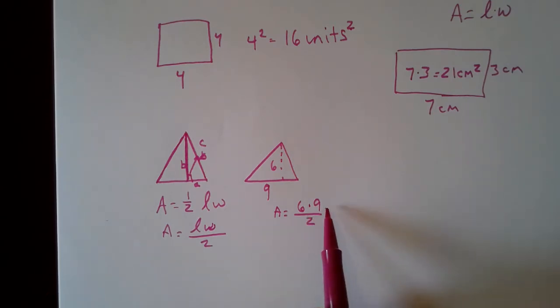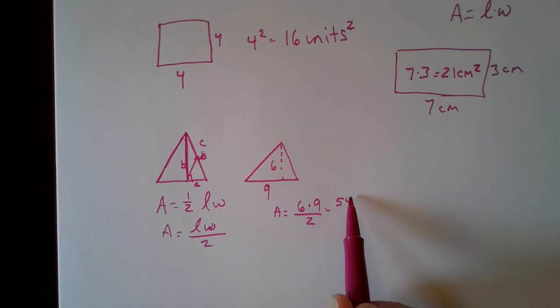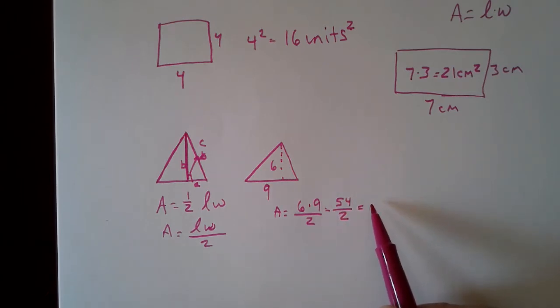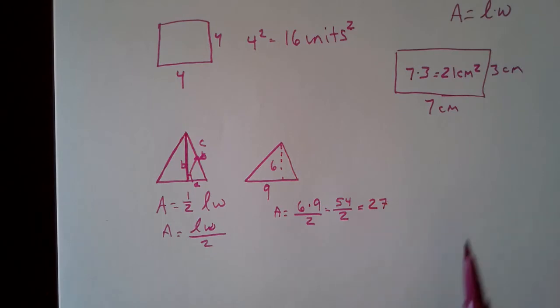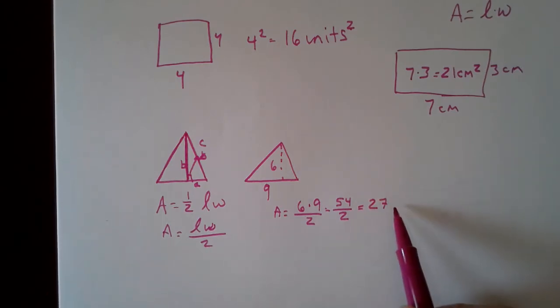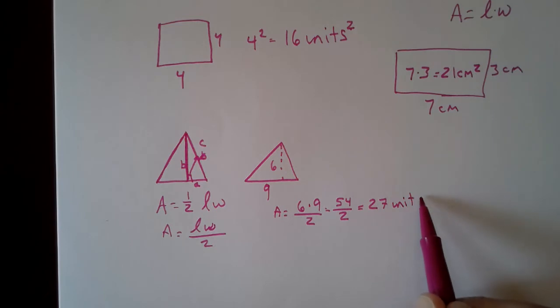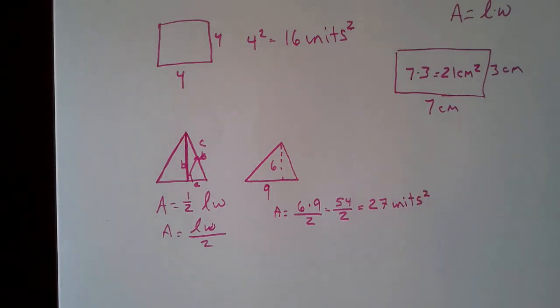So I could do 54 divided by 2, and then I could just get 27, and that would be, since I didn't label it, units squared. Now, if you wanted to, you could also just cut the 6 in half and get 3, and do 3 times 9 to get 27. Lots of different ways mathematically you could get that.